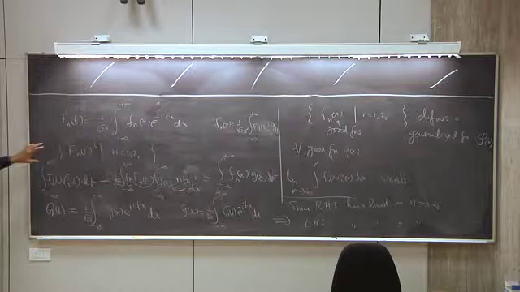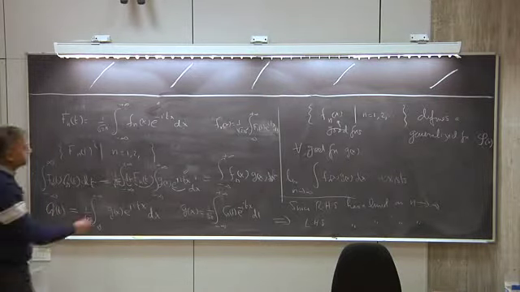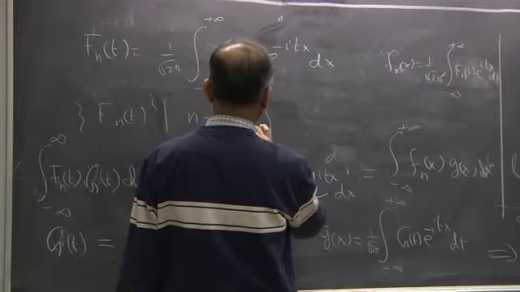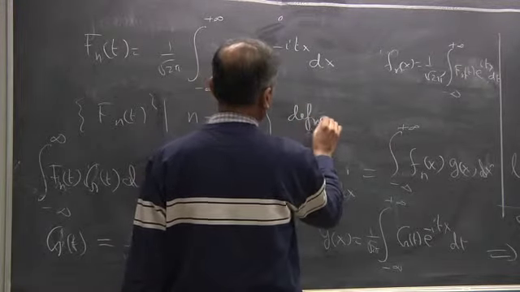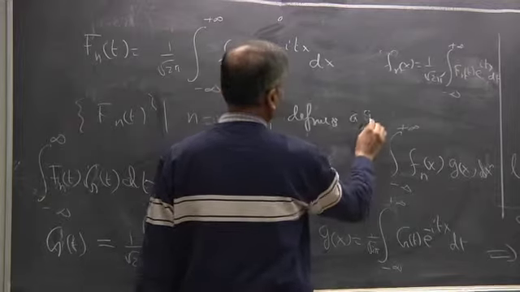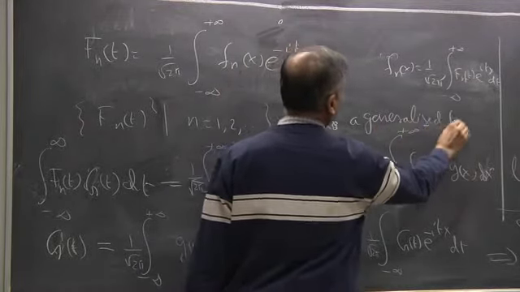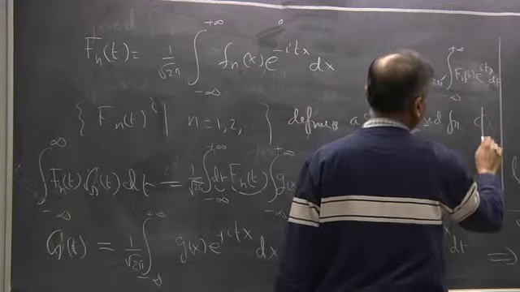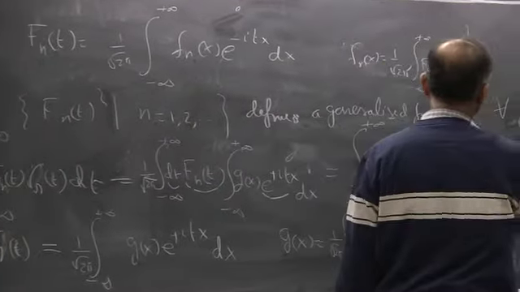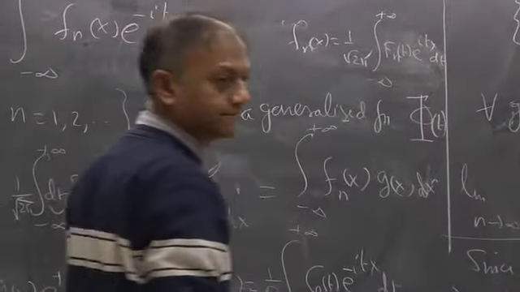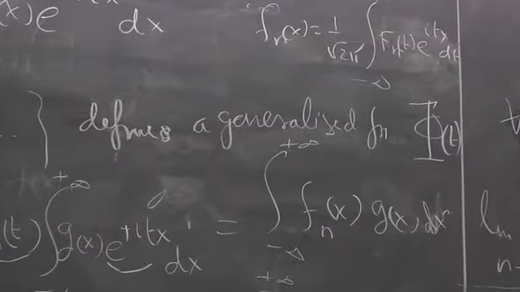So this proves that this sequence indeed defines a generalized function. Okay. So this implies that this sequence defines a generalized function, and we shall just denote it by capital phi. That was a small phi, this is a capital phi(t). Okay.